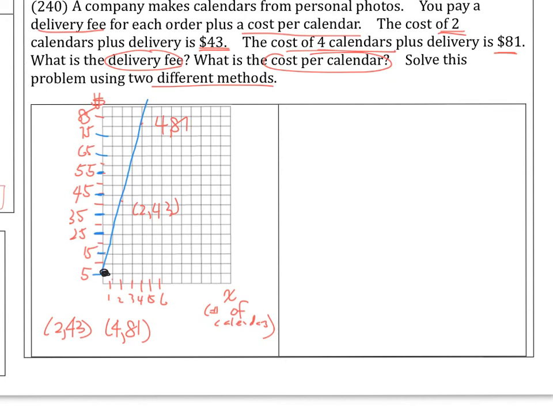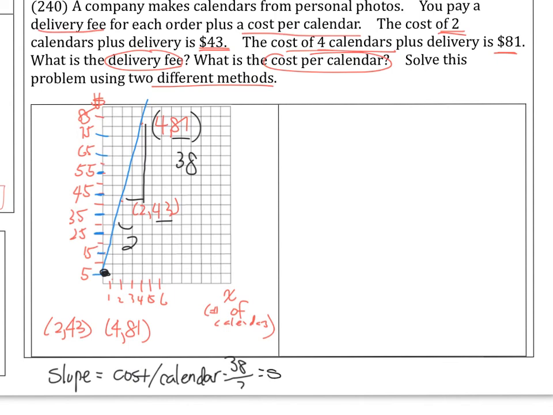So by taking the difference of the y values, you get 38. And the difference of the x values, you get 2. So the slope would represent your cost per calendar, which is 38 over 2, which equals $19 per calendar.